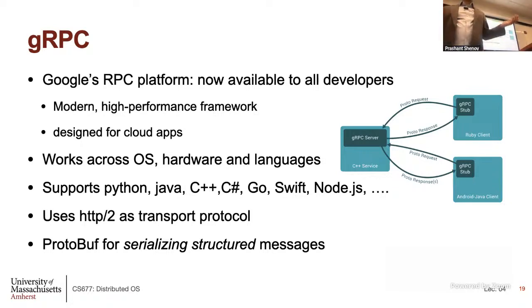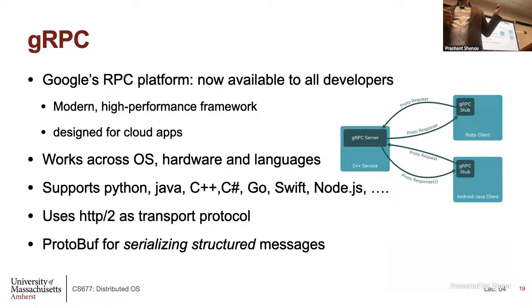The reason it is used is it is not only hardware independent, which both RMI and RPC systems are, it's also language independent. What that means is you can now write your server code in one language, let's say Java, and write the client code in some other language, Python, and they can talk over Google RPC.